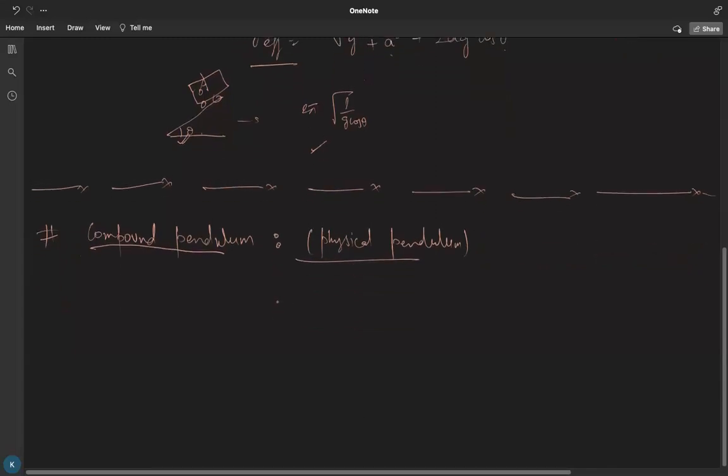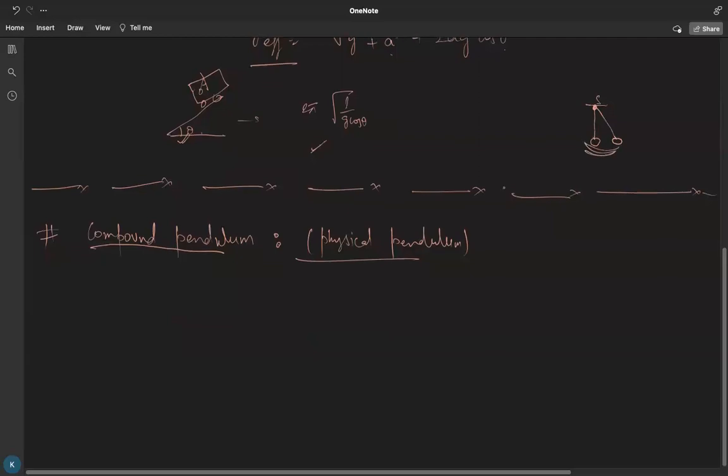Basically, it is a rigid body of any shape which is free to oscillate about its suspension point. In a simple pendulum we have a string and a small mass oscillating about its suspension point. If I take it to the extreme position and leave it, it starts oscillating.